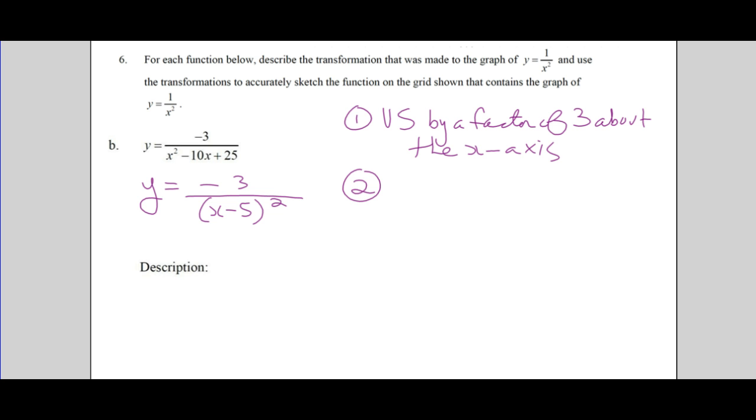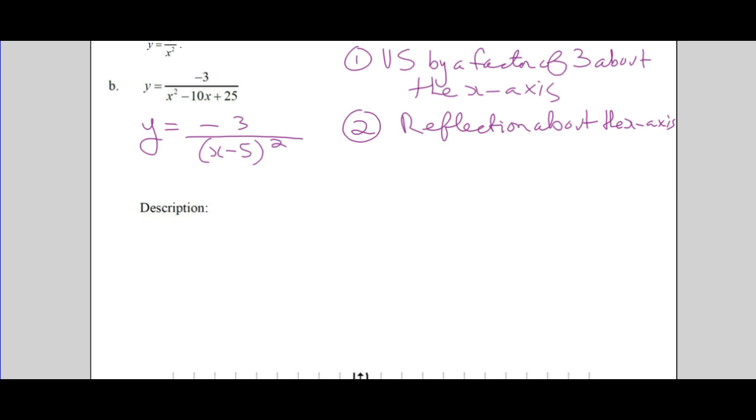Or there's a negative, so what's the negative do? It's a reflection about the x-axis, followed by a horizontal translation, HT, right 5.